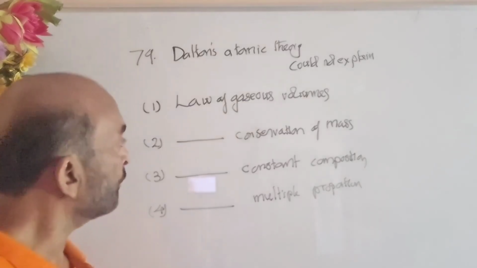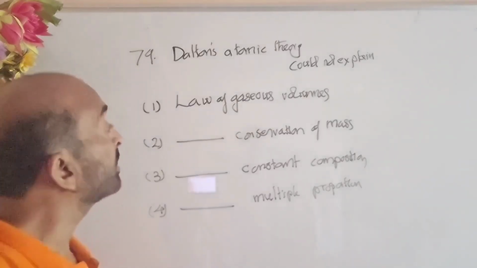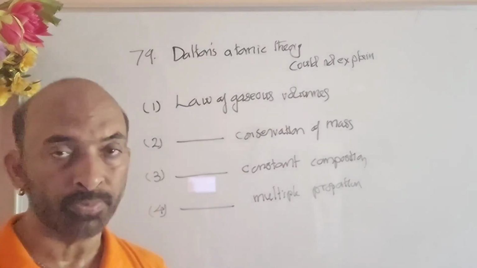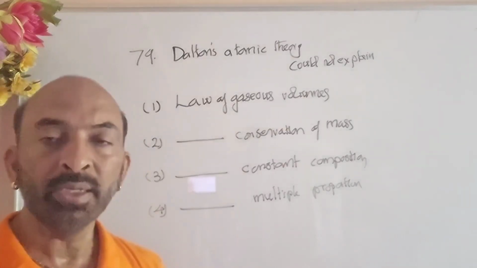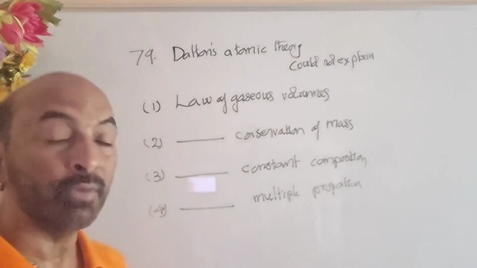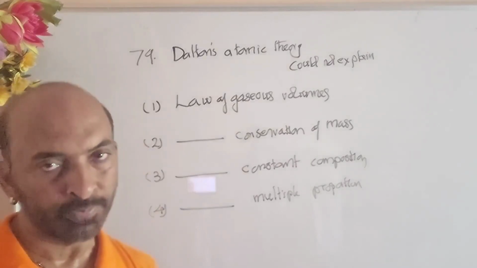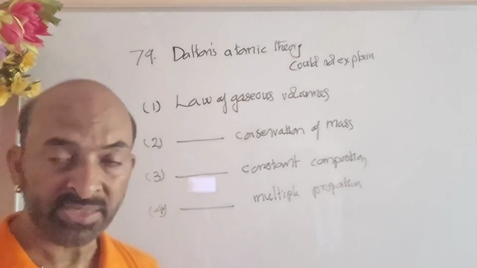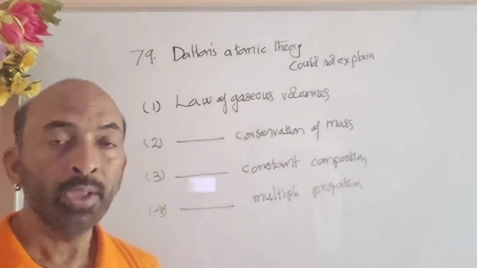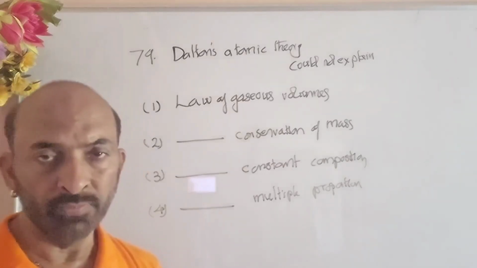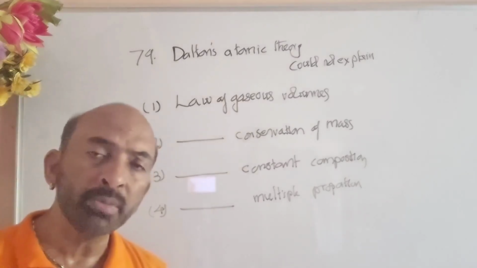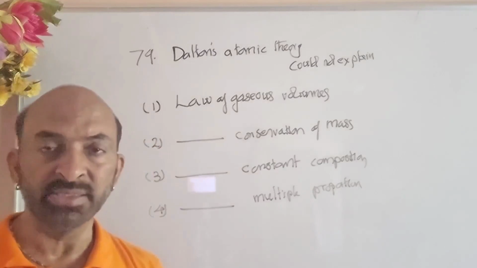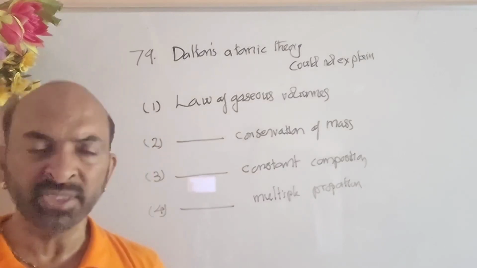Whereas law of combining volumes of gases, which is here expressed as law of gaseous volume, proposed by Gay-Lussac, is regarding the volumes of reactants and the products, not regarding their masses. What the law states there, according to Gay-Lussac's law of combining volume, there exists a simple ratio among the volumes of reactants and products in a gaseous reaction at a fixed temperature and pressure.